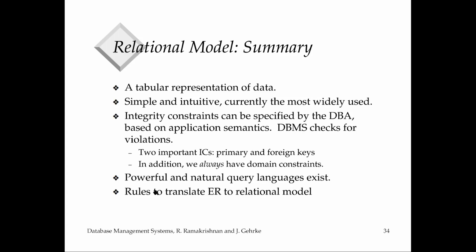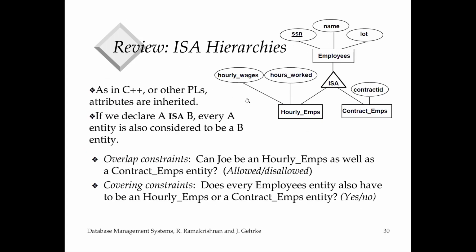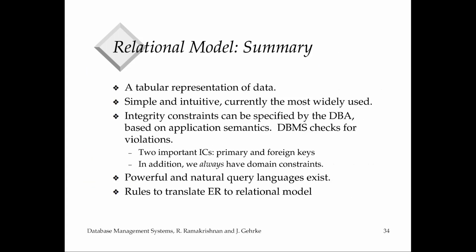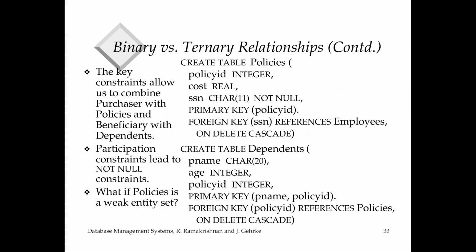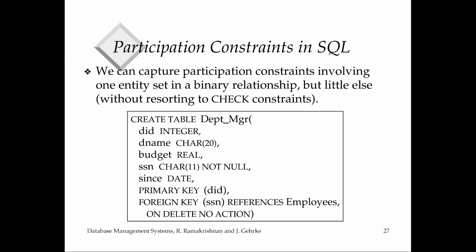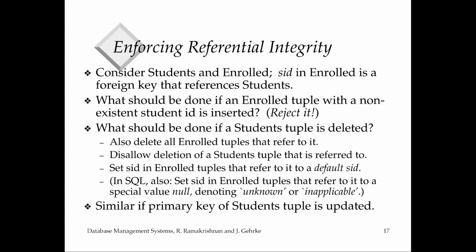And the fact that there are rules that can help you to translate an entity relational model to a relational model, or that can take you from a figure to an actual database design. And again, more of this you can read about in the book.